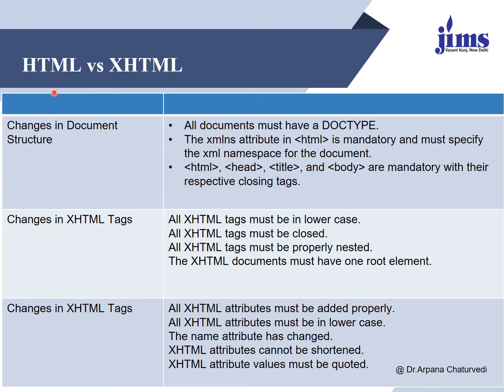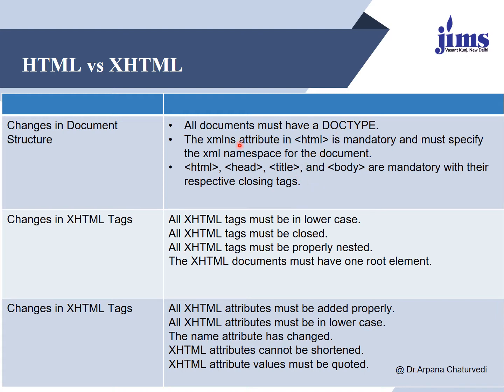So if we compare HTML and XHTML, there is a change in document structure. All the documents must have doc type. In HTML, you have seen that you rarely write doc type. Only very professional web pages have doc type in them. Here it is mandatory to have doc type.